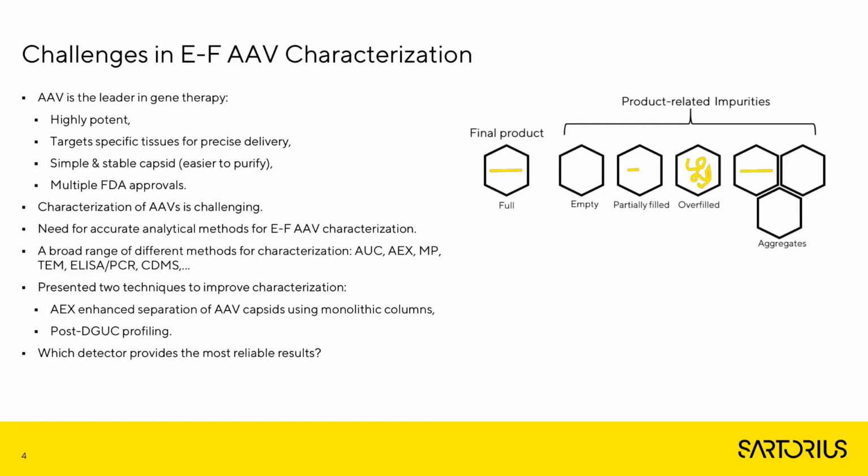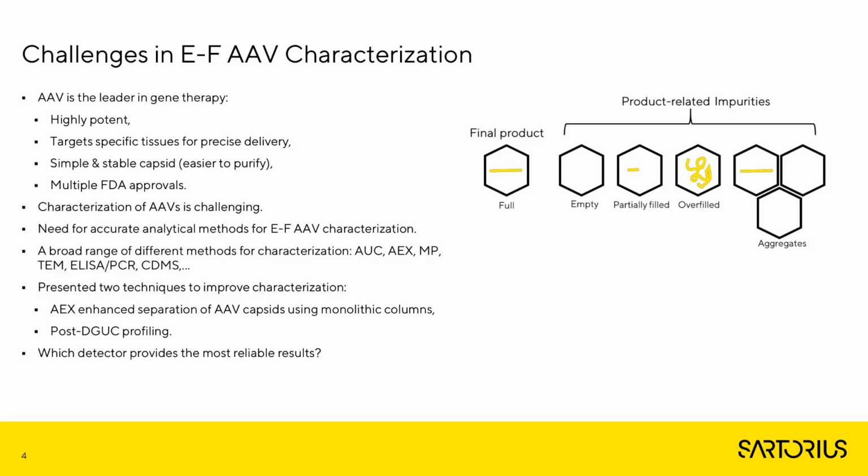AAV is the recognized leader in gene therapy due to its high potency, its ability to target specific tissues for precise delivery, the stability of the capsid, which is easier to purify, and additionally, multiple approvals have been granted by the FDA.